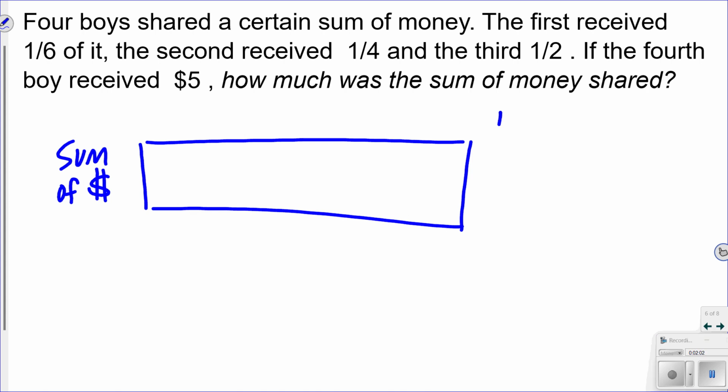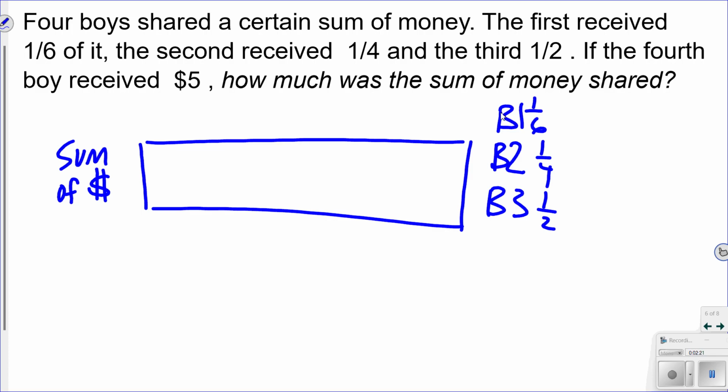Well, the first boy gets a 6th, the second boy a 4th, the third boy 1/2. So we need a common multiple of 6, 4, and 2.